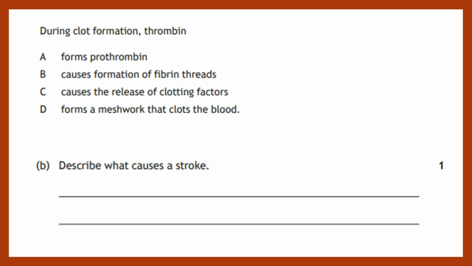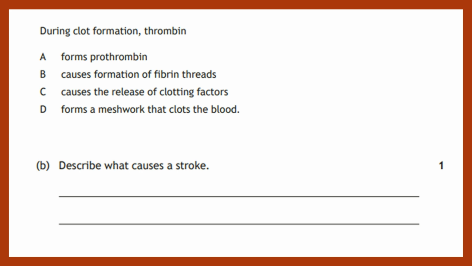So let's try a past paper question. Pause the video, come up with your answers. So first one, the multiple choice. You're told during clot formation, thrombin either A forms prothrombin, B causes formation of the fibrin threads, C causes the release of the clotting factors, or D forms a meshwork that clots the blood.